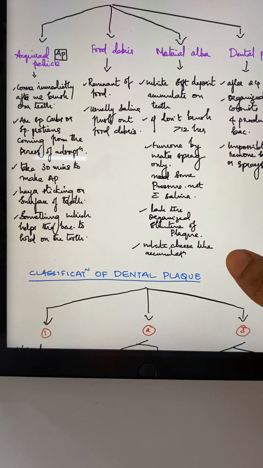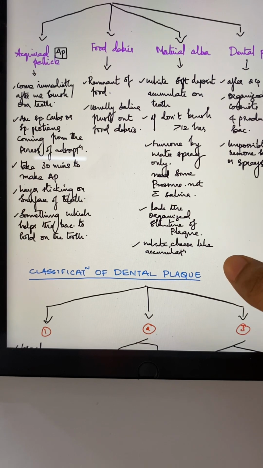Then the food debris. Food debris is just a remnant of food, and usually saliva flushes it out. Then materia alba. This is a white soft deposit that accumulates on the tooth. If you don't brush for more than 12 hours, materia alba can be seen on the surface of the teeth.